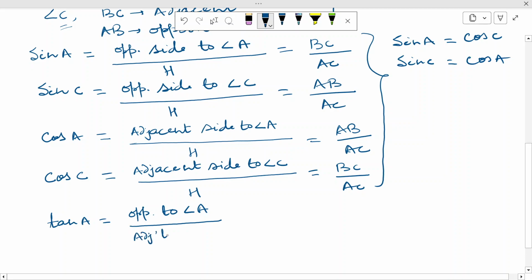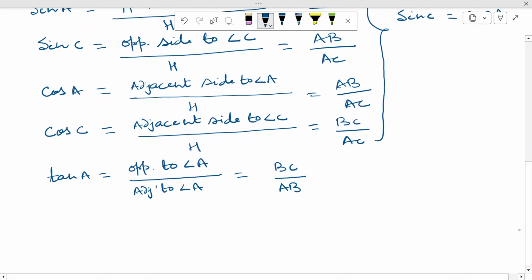So, the opposite side to angle A is BC, and the adjacent side to angle A is AB. So this is how we can obtain our tan of angle A.